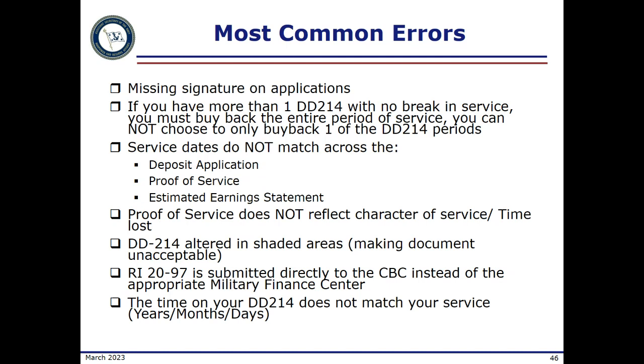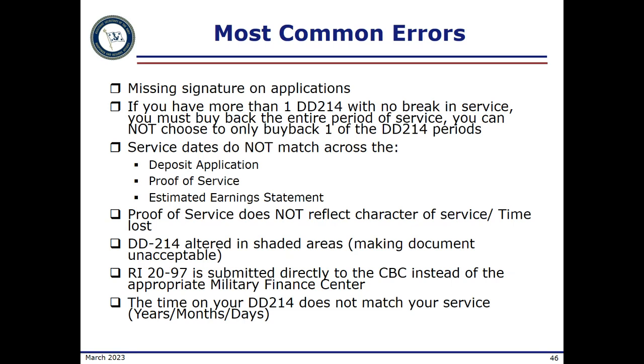Okay. Another big one is the service dates do not match across the board. Basically, the DD-214 dates are not matching the estimated earnings dates. Again, those should match exactly unless it is a USERRA period. Proof of service does not reflect the character of service or the time loss.